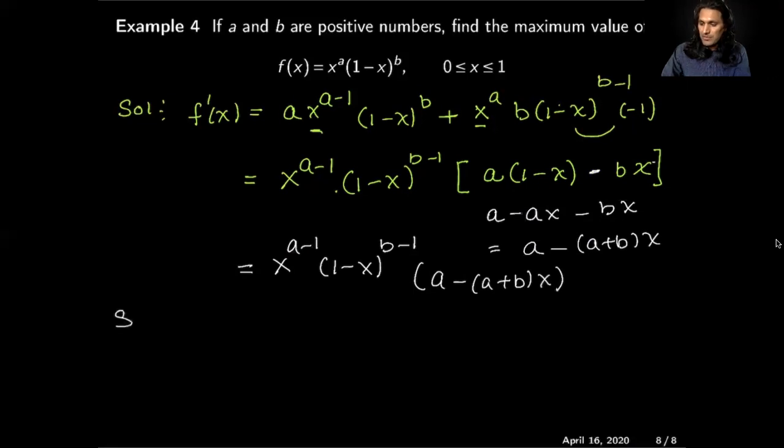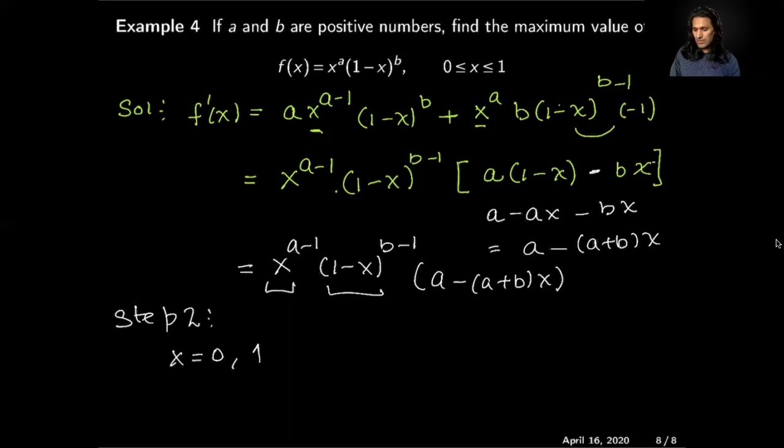So in step number 2, when I go and find the critical value of this function, if I set this equal to 0, assuming the power is positive, then this will give me the critical value x is equal to 0 or x is equal to 1.